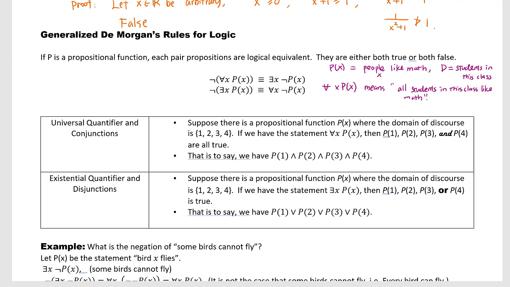Okay, and what is the negation of it? Remember, all students in this class like math. The negation will be, someone in this class does not like math. The negation won't be all students in this class don't like math. Actually, it's only some.